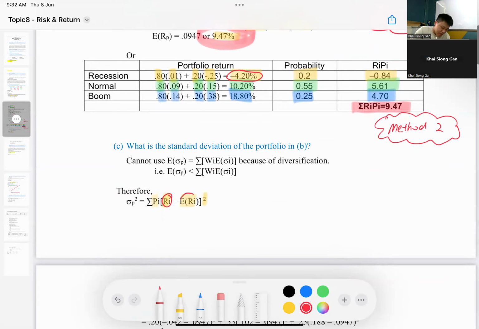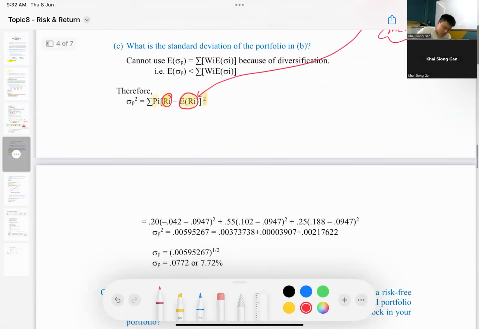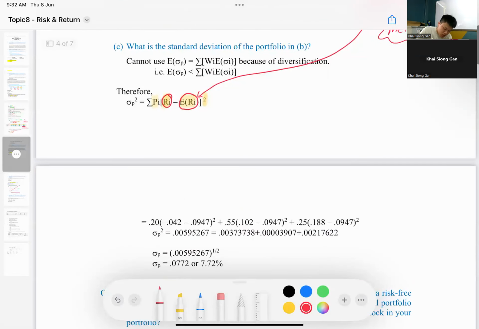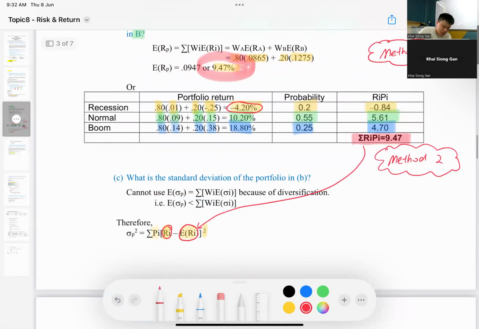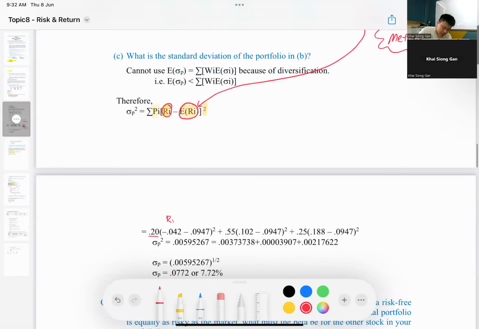And this expected return, you get it from this 9.47%. Okay, so therefore, we know that the probability is 0.2, and this is the individual return during the recession, negative 4.2%, or put in decimal, minus the expected return.